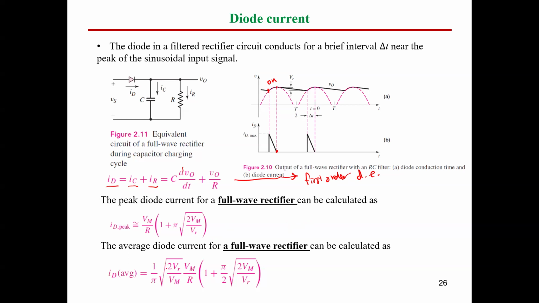So this will be 1 over pi times 2VR divided by V maximum times V maximum divided by R times this part of the relation, 1 plus pi divided by 2 root 2V maximum divided by VR. Again, you don't need to derive this equation. It's relatively complex. However, we can use it in examples or in problems. And again, guys, this is going to be a part of the current.